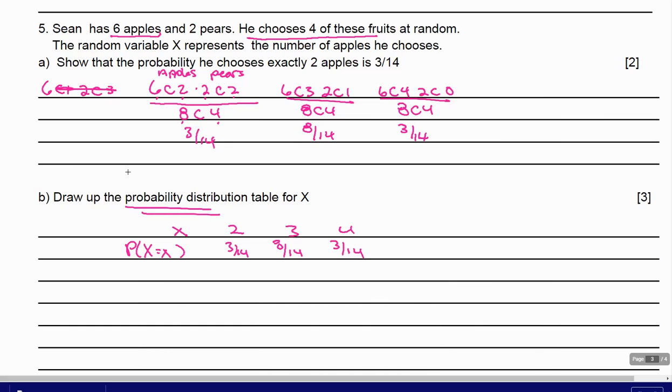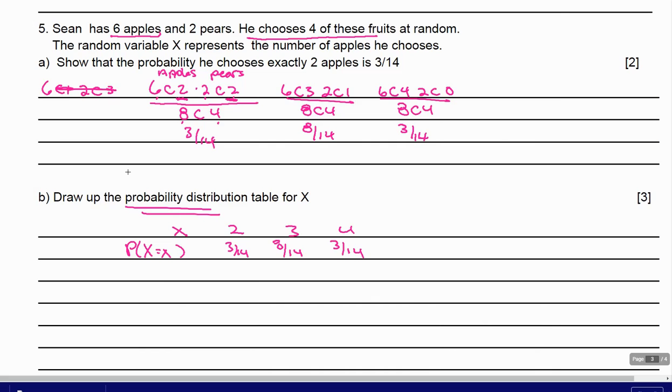Because remember, when I find a probability, it's the thing I'm interested in. All right. This is the number of things I'm interested in. This is me getting 2 apples and 2 pears. That gives me a total of 4 fruit, but 2 of them are apples. Okay. So this gives me the number of ways that's going to happen. But then I have to divide by the number of ways to pick with no restrictions.